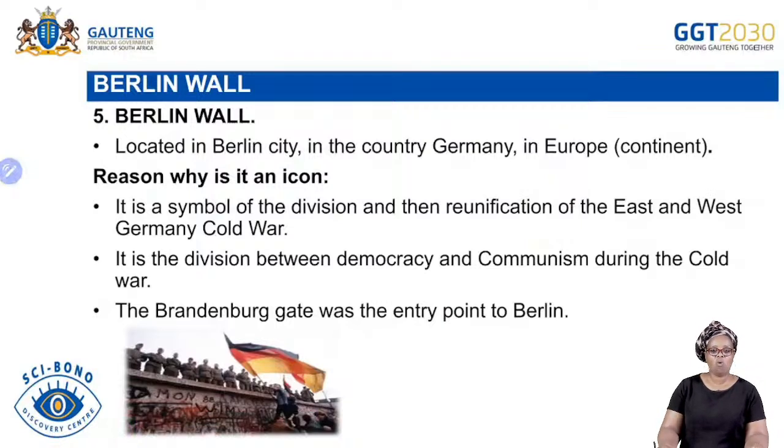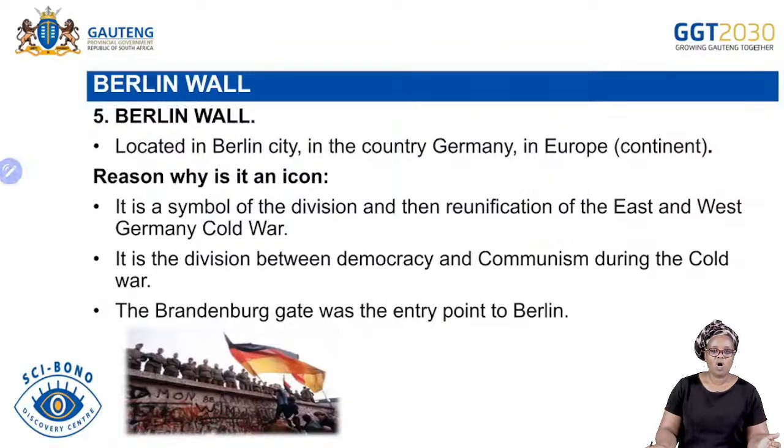the Berlin Wall. Where is it situated? Where is it located? Remember the table that we started with when we started the lesson? The one with the five columns. The first one is about location.